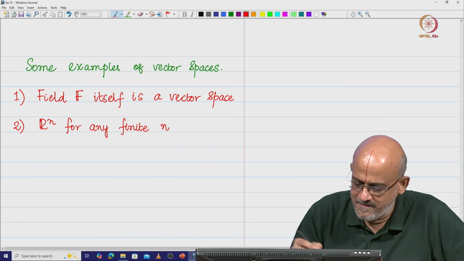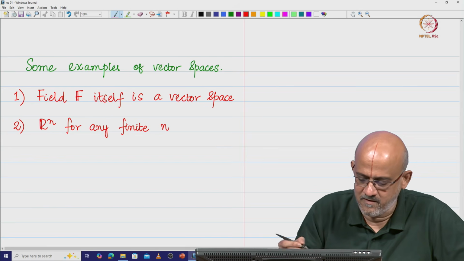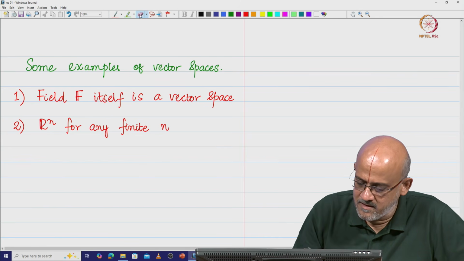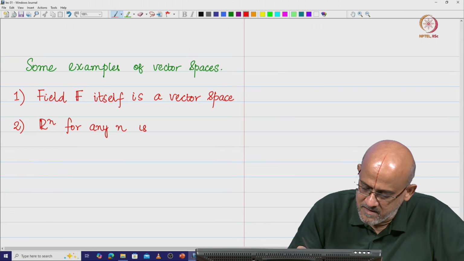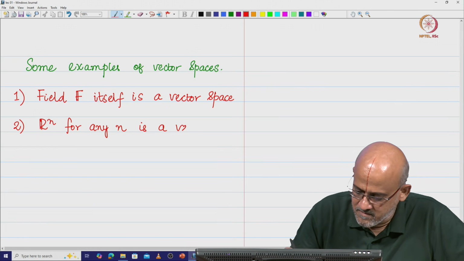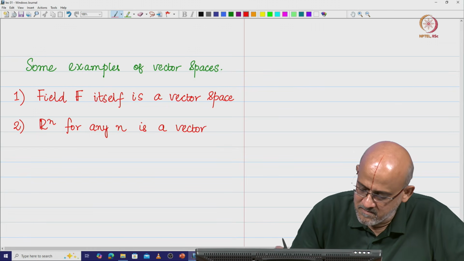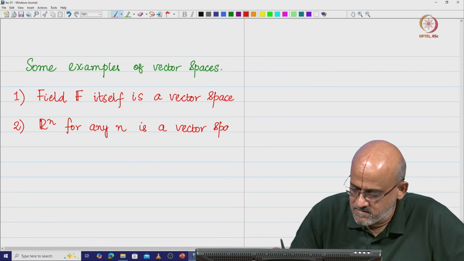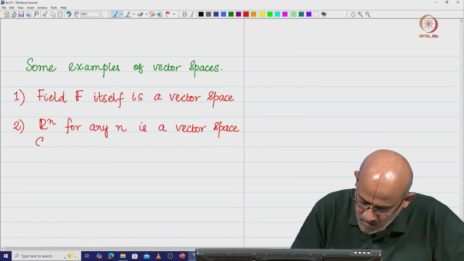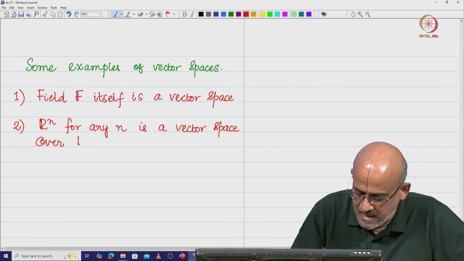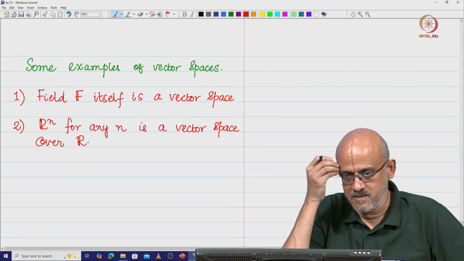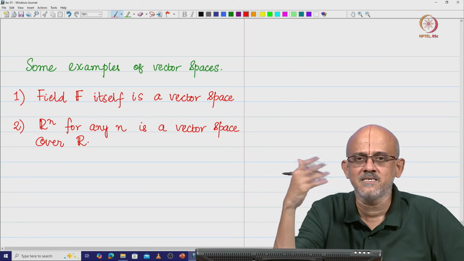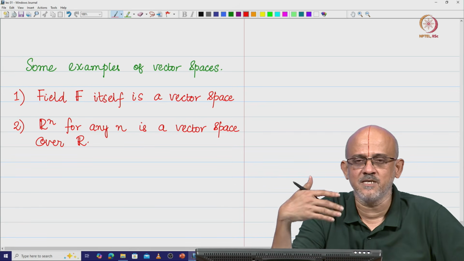So Rn for any n is a vector space over R. You can have R2, that means your xy plane, R3, the 3 dimensional space, and so on.